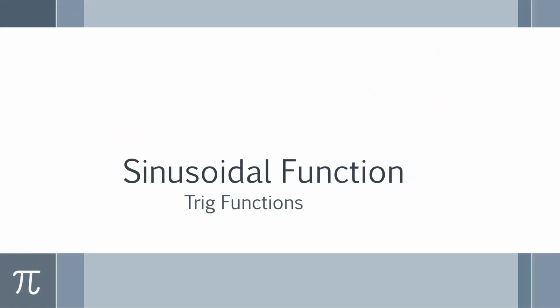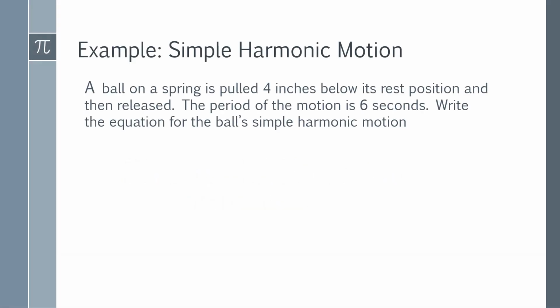All right, sinusoidal functions. It's just another word for periodic. So, this problem uses some applications like heartbeats and throwing balls and stuff like this. However, I'm dealing with harmonic motion.